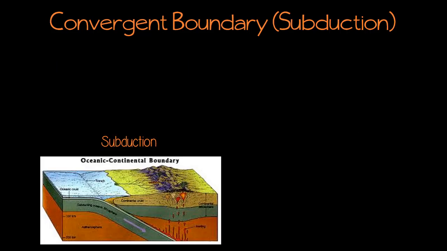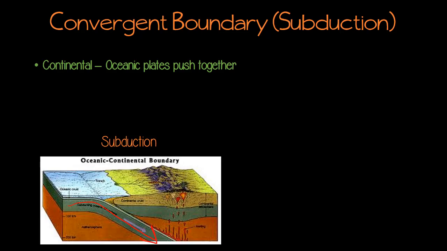So another type of convergent boundary happens when you have a continental and an oceanic crust that push together. And in this case, the oceanic crust, which is thinner and more dense, remember, more dense is going to sink. So the oceanic crust sinks and it gets pushed underneath the continental crust, which is what's happening right here.